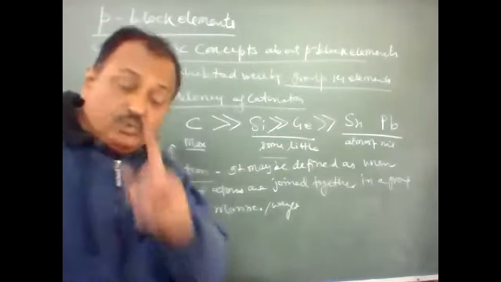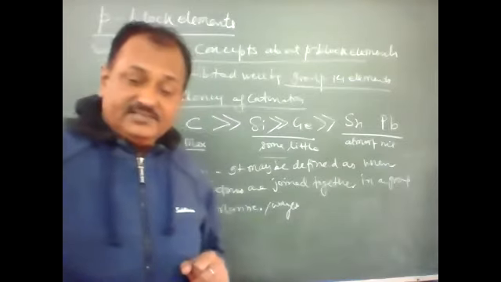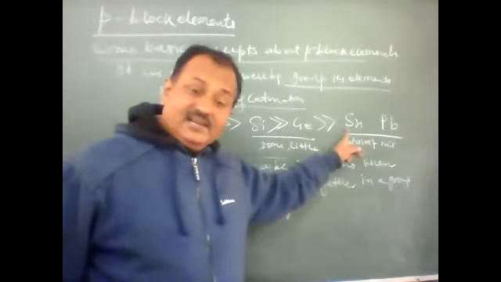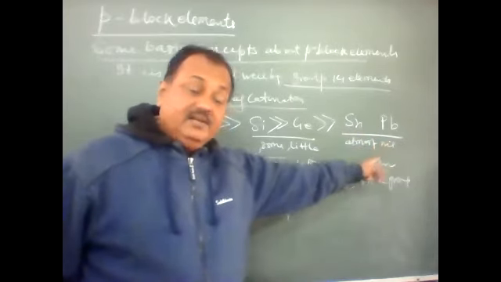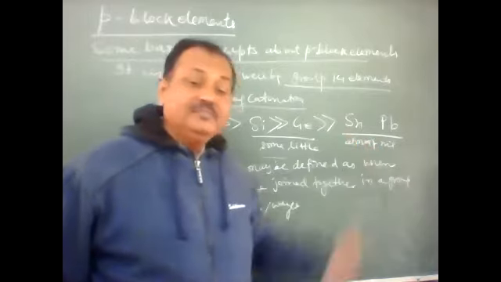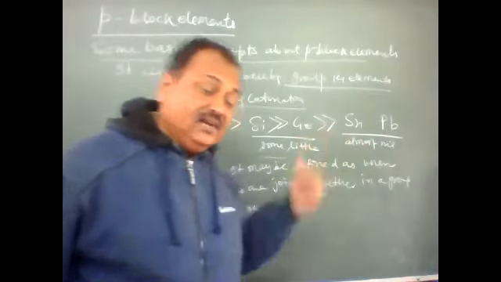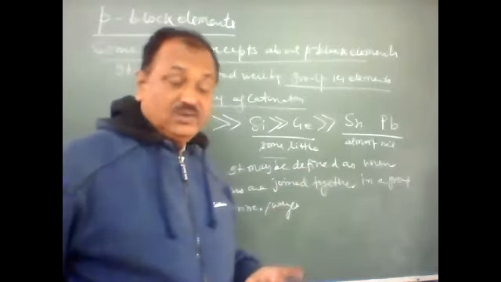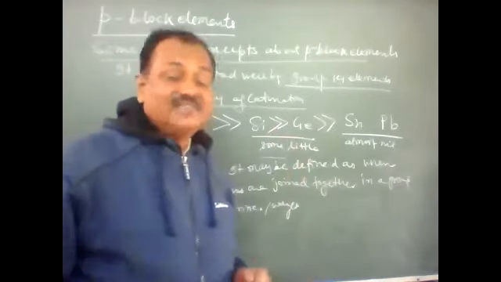Carbon is the most suitable element for catenation. Tin and lead, Sn stannum, Pb plumbum, are pure metals. You know, tin is a metal, lead is a metal. So they almost exhibit no catenation because they have very large size.